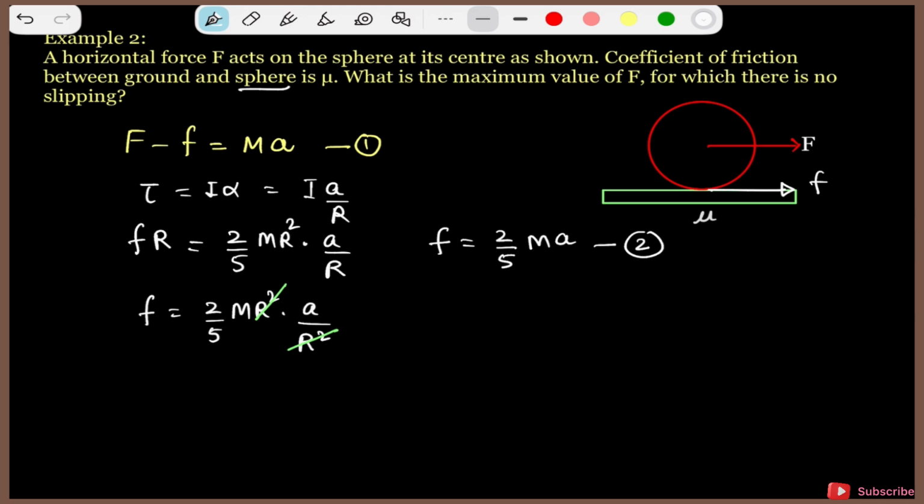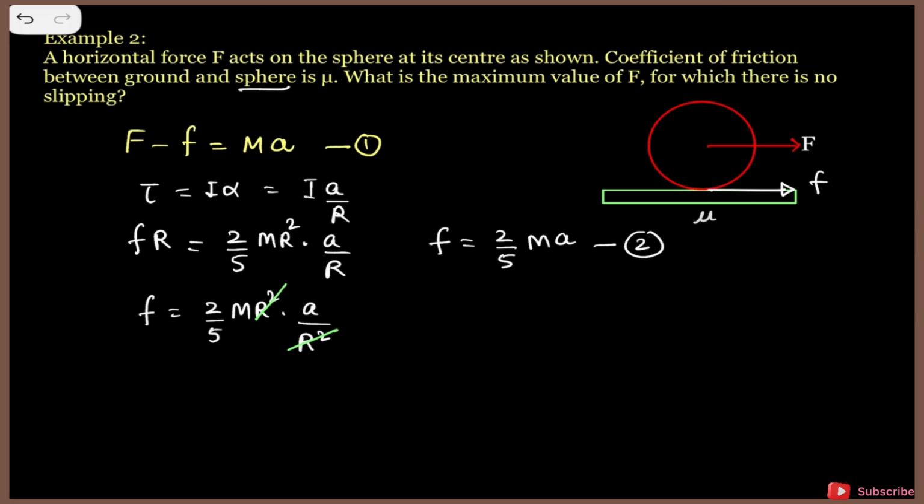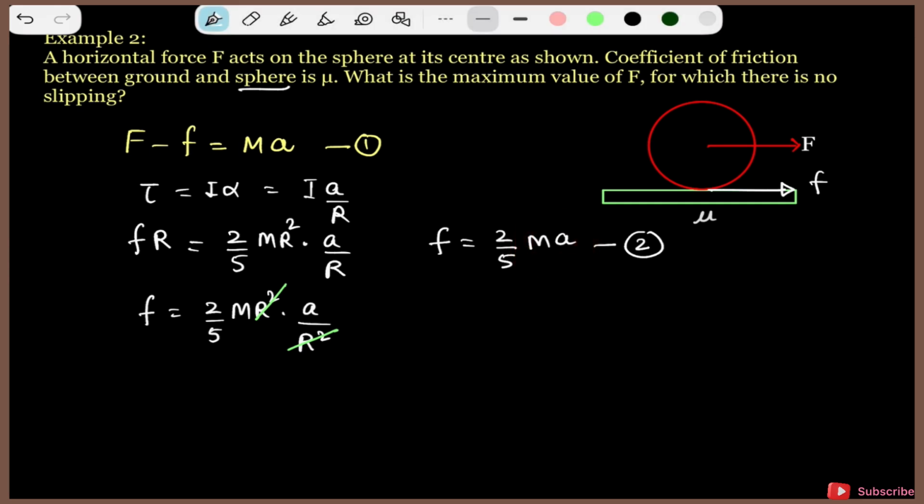Now, as we did in example number first, we can simply combine equation first and second, right? Here we need not find the value of acceleration, so we can make our equations independent of acceleration. So from this situation you can see the ma term can be written as 5 friction divided by 2 is equal to mass into acceleration.